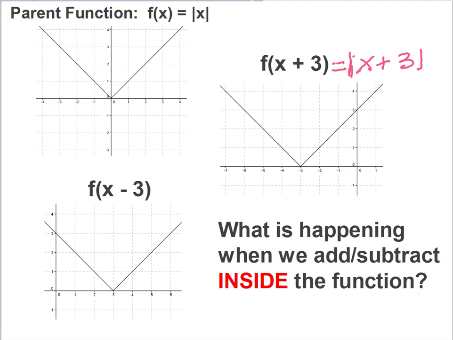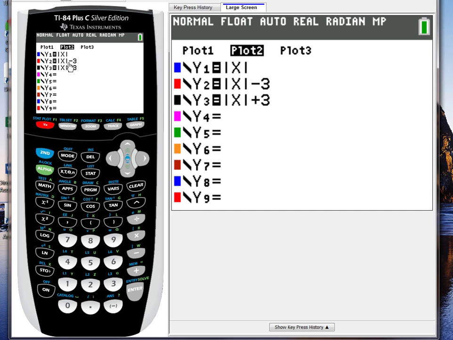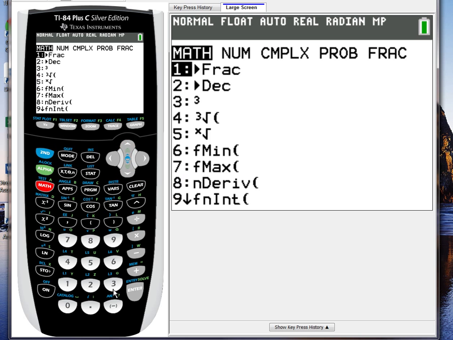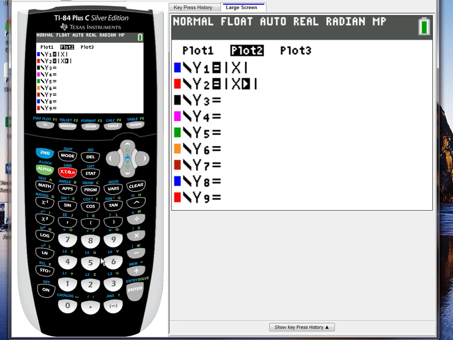Let's see what happens on our calculator. Let me clear these 2 equations out. Okay. Now in red, we're going to do the absolute value of x plus 3 inside the brackets. Remember, our parent function is in blue, and our new function or child function is in red.